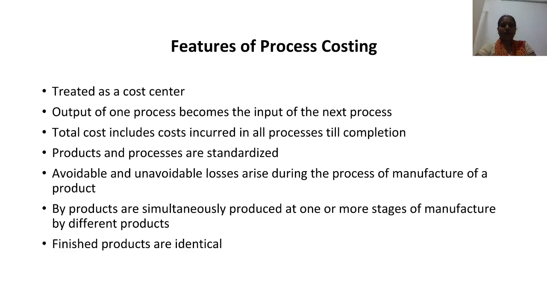Finished products are identical in process casting. That means finished products are similar. They are uniform in process casting. Next one is production over having a continuous flow of identical products except where plant or machinery is shut down for repairs, etc. Next one, clearly defined process cost centers and accumulation of all cost.